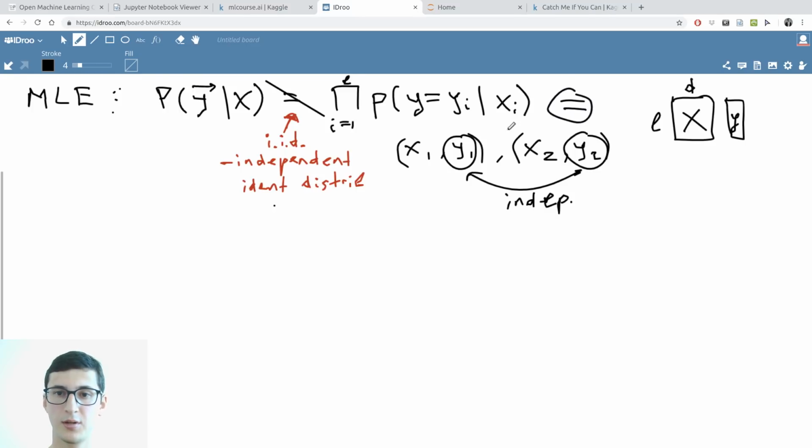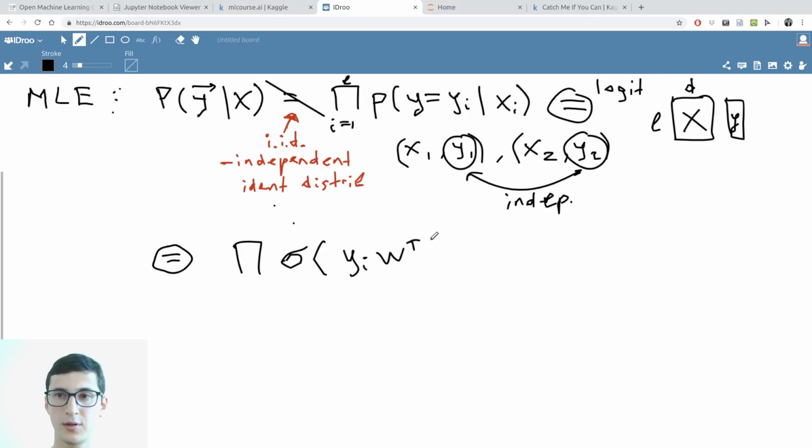This is where logistic regression comes in. According to logistic regression, we model this probability as the sigmoid of yi w transposed xi, and this big product is from 1 to L.